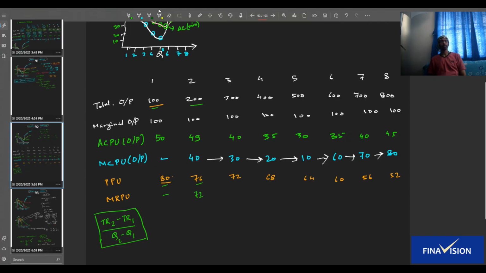The next one, total revenue at option 3, this is equal to 72 into 300. This is equal to 21,600 minus previous total revenue, which is 15,200, divided by 300 minus 200, which is again 100. So this is equal to 64.